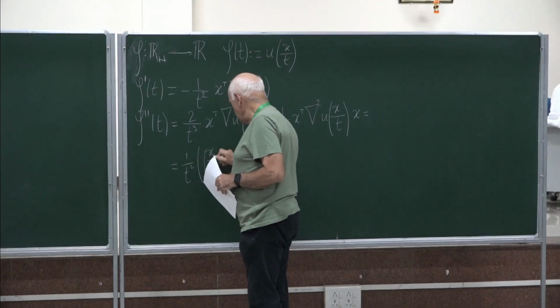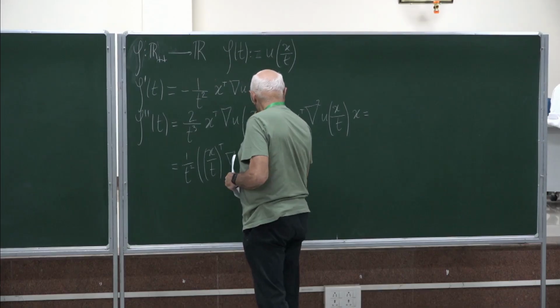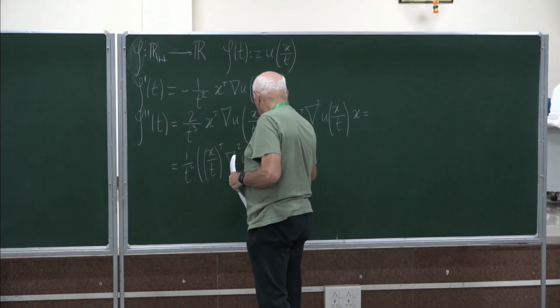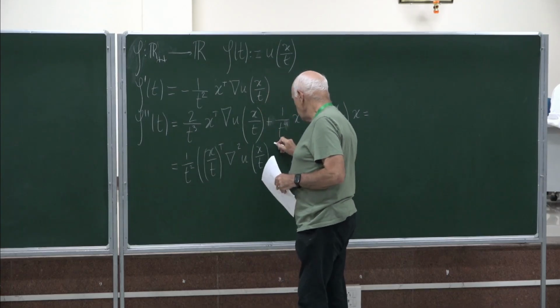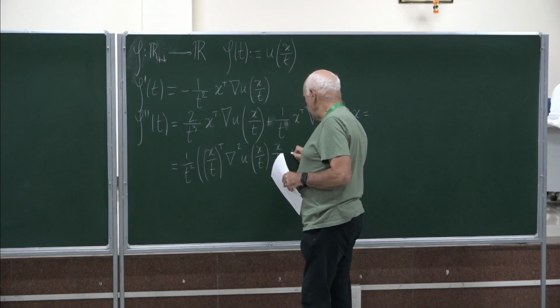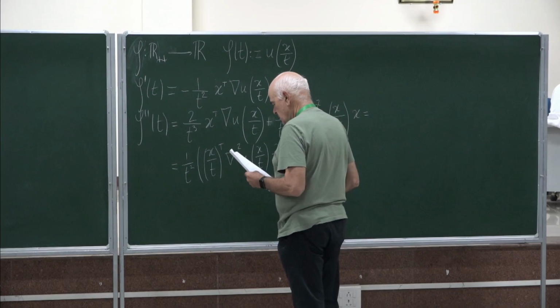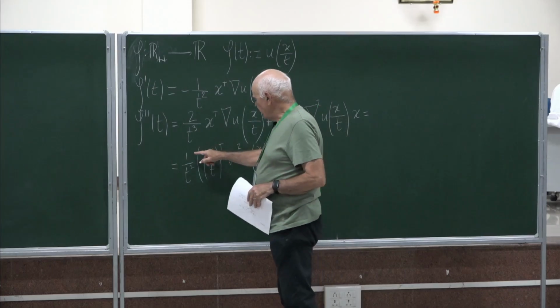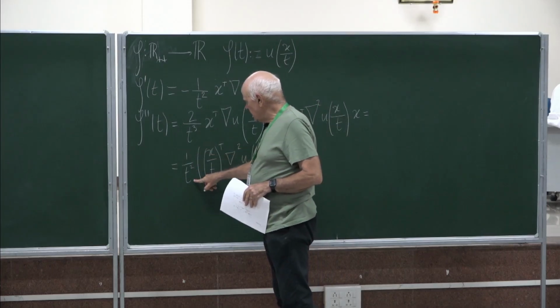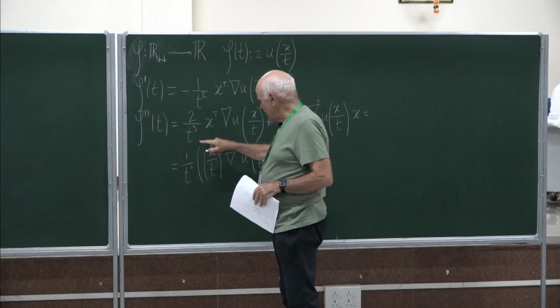It is x over t transpose Hessian of u at x over t times x over t plus, after taking 1 over t squared as a common factor, here 2 over t is left.